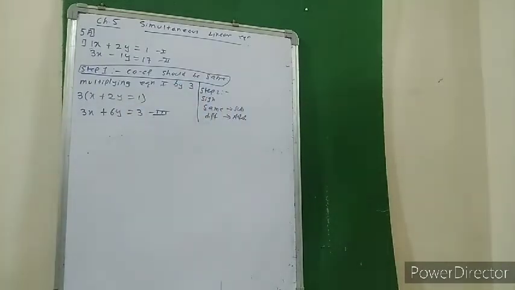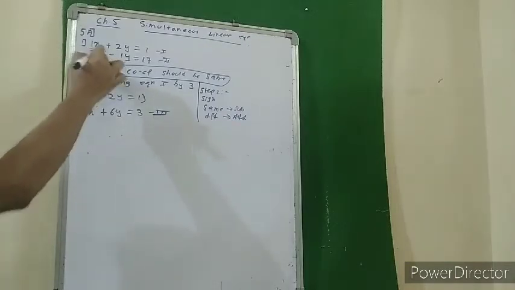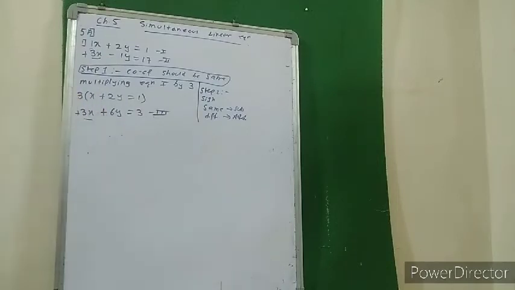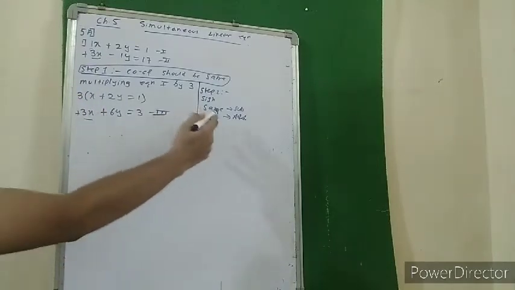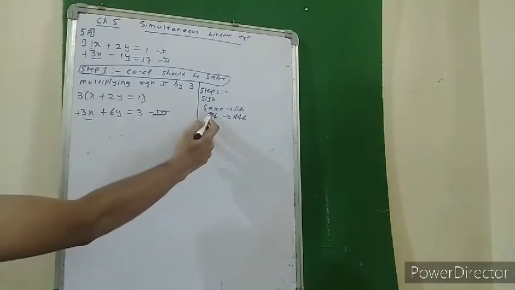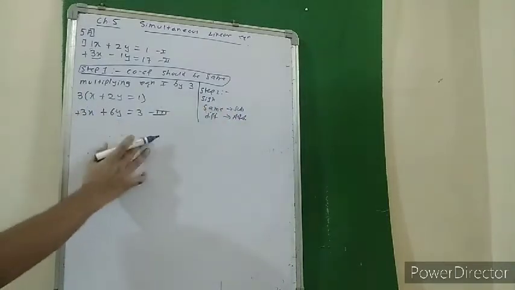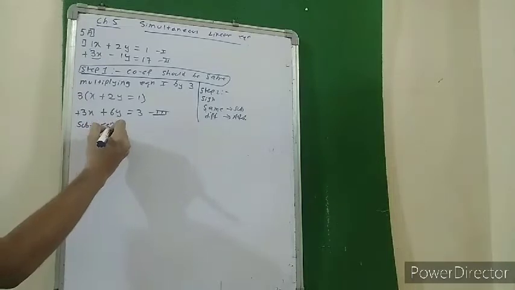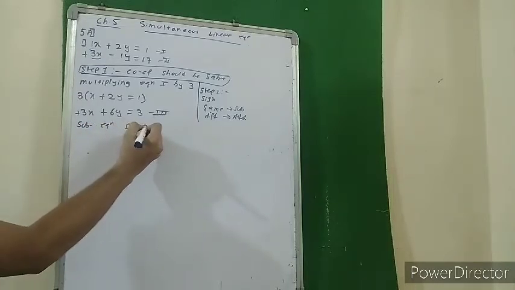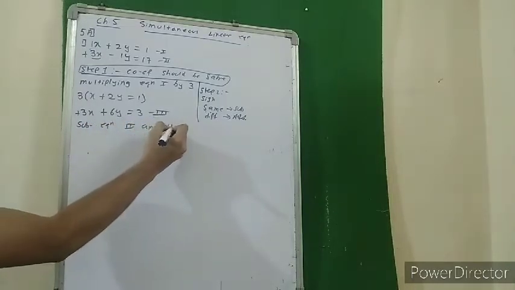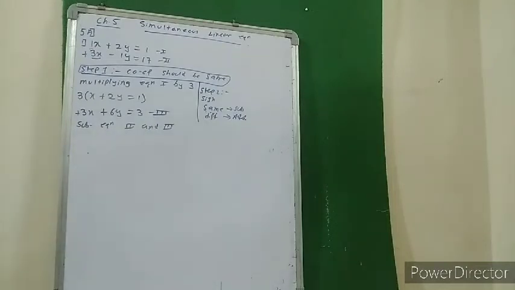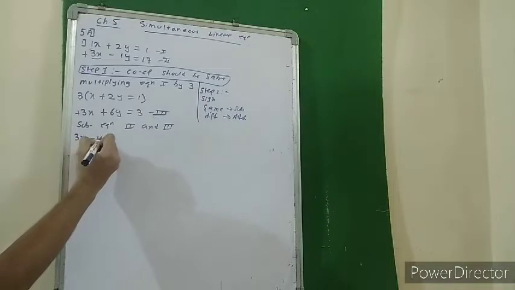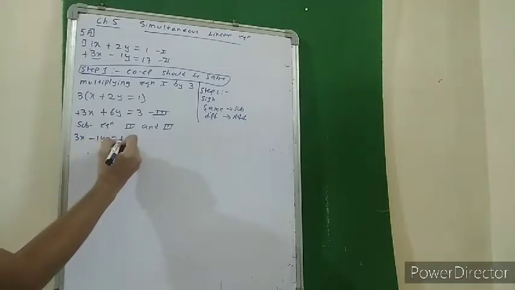So for the same coefficient, that is 3x and 3x, we have a plus sign for 3x and a plus sign for 3x over here. That means signs are same, and if signs are same, we are going to subtract the equations. So subtracting equation 2 and 3. I have 3x minus 1y is equal to 7.